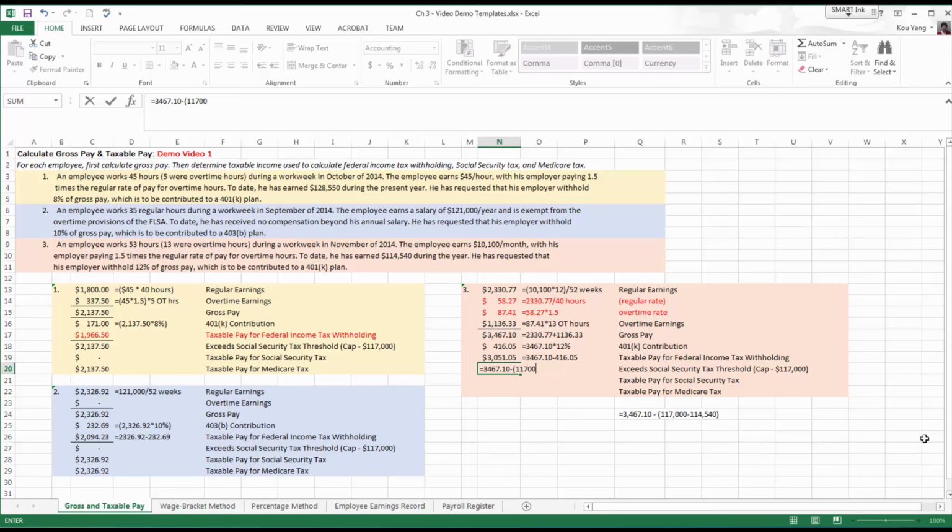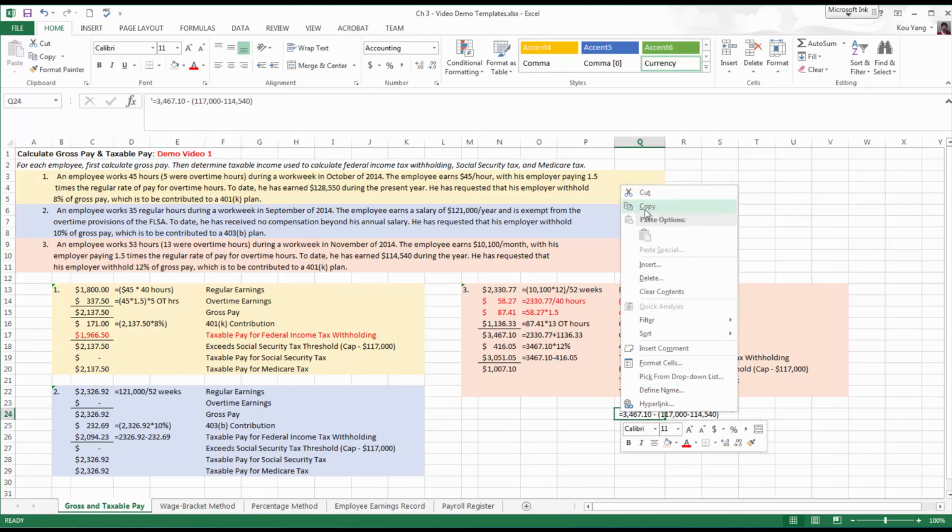And if I do this calculation in here, it's going to give me the amount that exceeded the $117,000 threshold. Okay, see how that formula is? So basically what I'm going to do is copy and paste this.